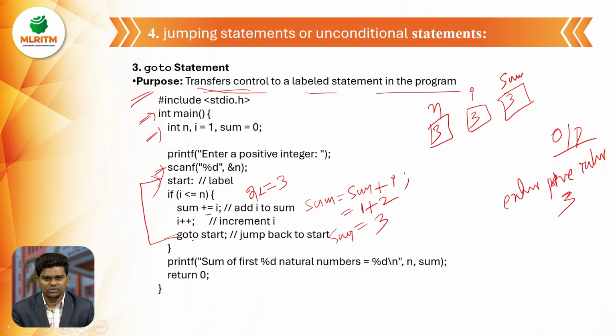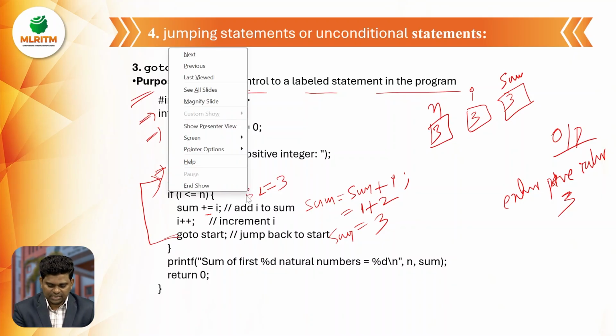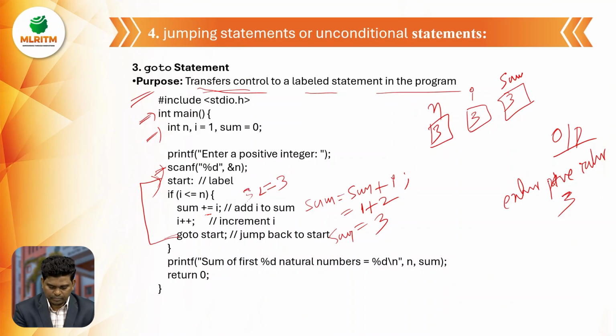So when the compiler meets the goto statement, it automatically transfers to the start label. Again it executes the if block. Then i less than or equal to 3. What is the current value of i? 3 again. So 3 less than or equal to 3 is always true. Enters the body. Then it calculates sum. Sum is equal to sum plus i. What is the previous value of sum? 3.